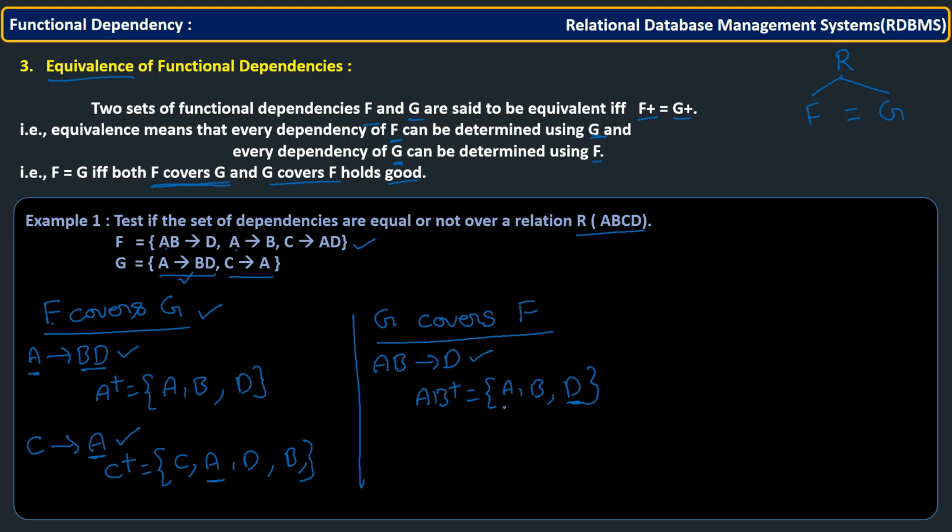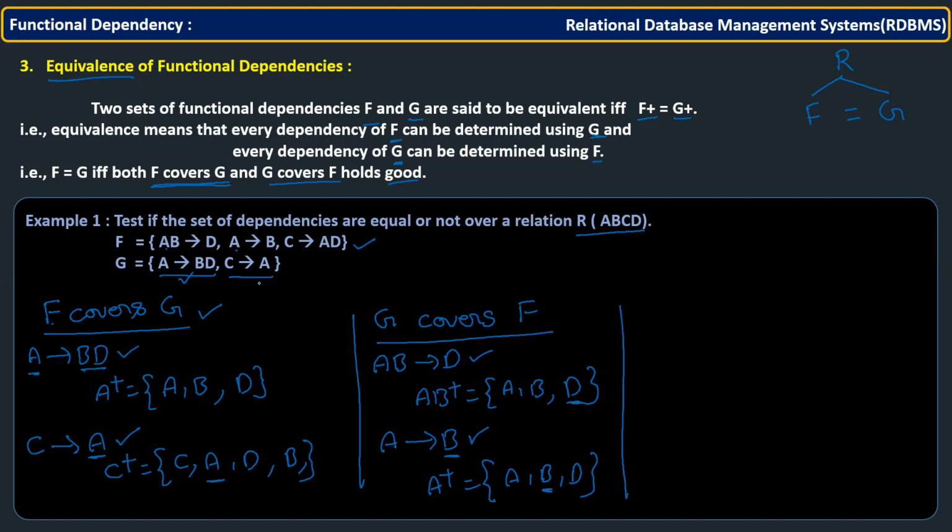This is fine. Now the next one, A derives B. If I find A closure by using G's FDs, I must determine B. A closure derives A, B, D. So we are able to derive B, so this is also fine.